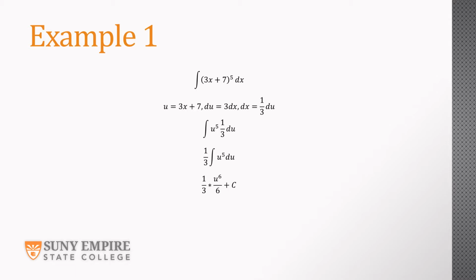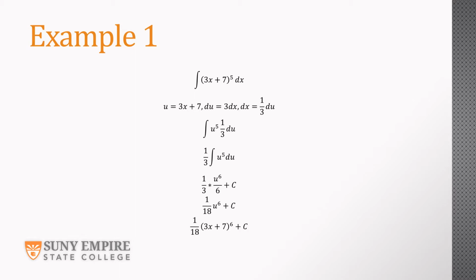Integrating, we have 1/3 multiplied by u to the sixth power divided by 6. Because we are completing an indefinite integral, we cannot forget our plus c. Simplifying, we are left with 1/18 of u to the sixth power plus c.